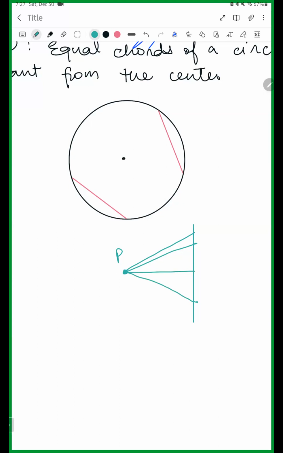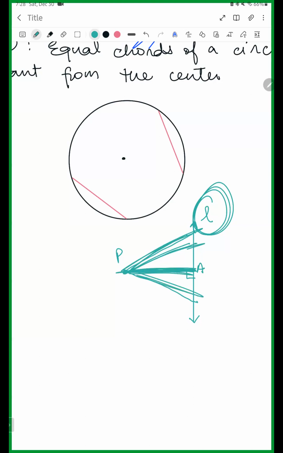But the distance between the point P and this line L is the line segment drawn perpendicular to the line L. If you name this PA, then PA is actually the distance between P and the line L. These other line segments are not the distance between them.